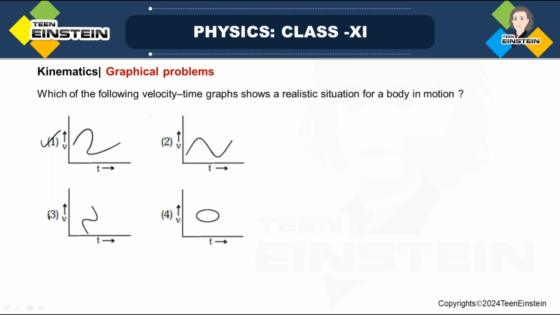So this is rejected. Both are rejected because these are not feasible. Now look at option D, here also the same problem will come.